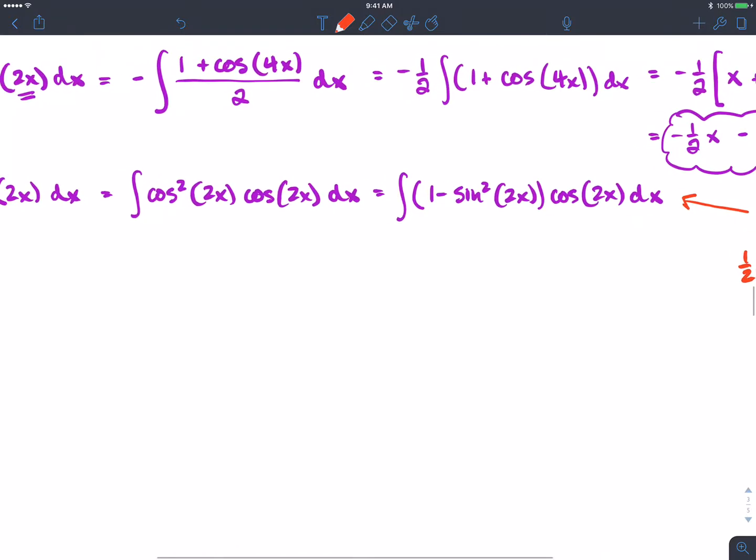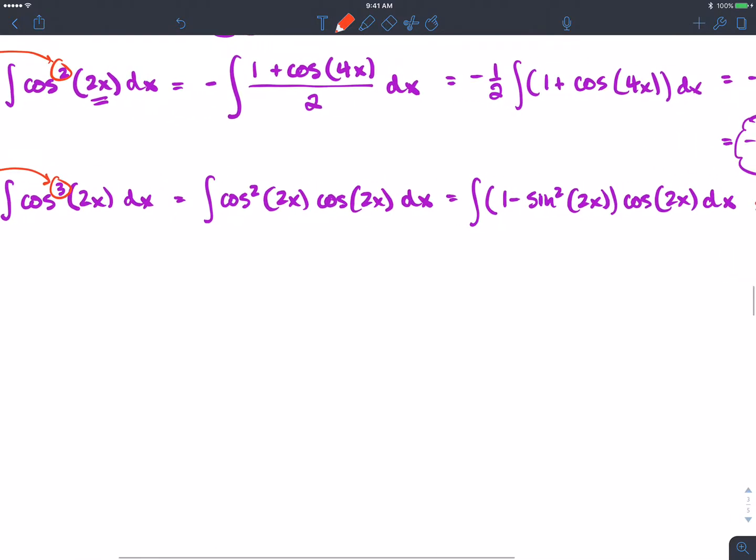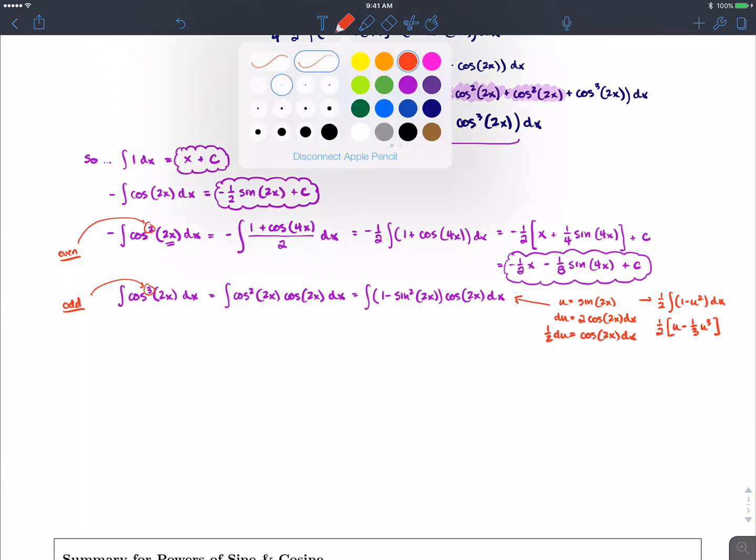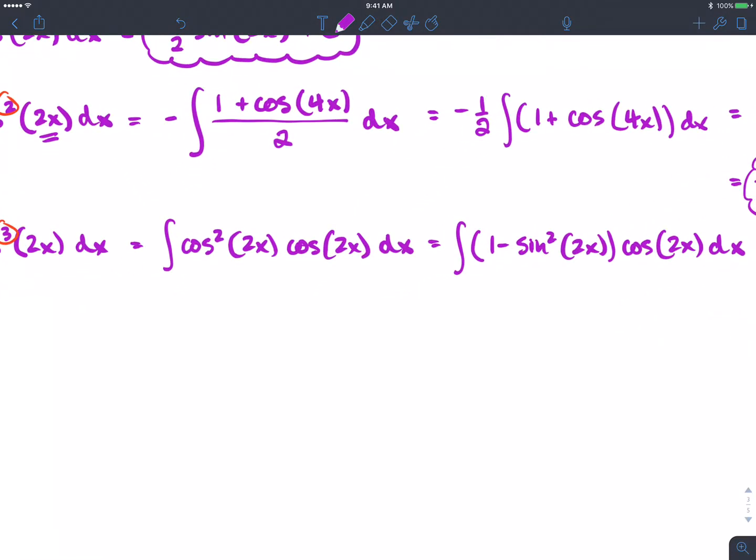And if we bring that back over here, sorry, so if we then substitute back in for our u, what we're going to have is 1/2 u, which was the sine of 2x, minus 1/6 sine cubed 2x plus c.